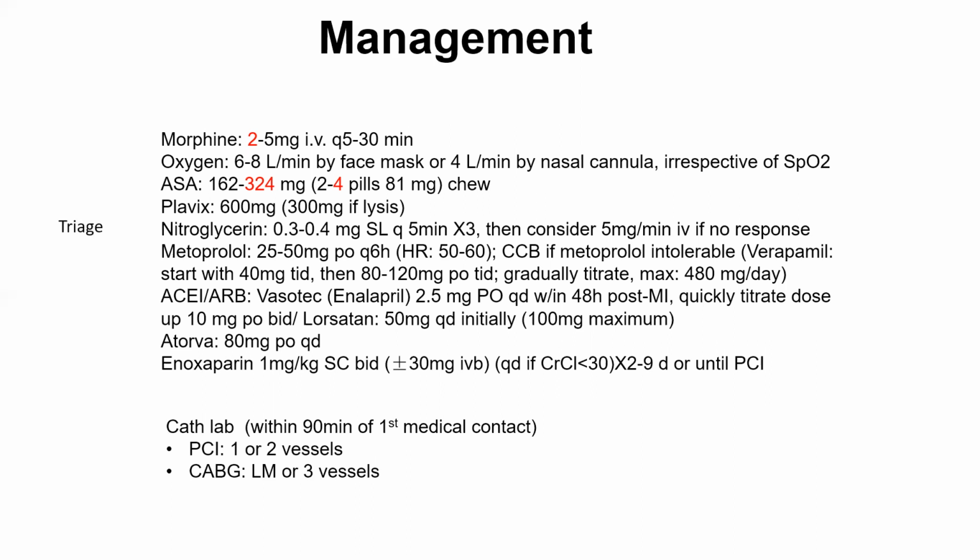Well, if the patient has 3 vessel lesions or the lesion is in the left main branch, like this patient, we may consider sending the patient to coronary artery bypass graft. However, it all depends on the patient's conditions and the interventional cardiologist's experience and skills.